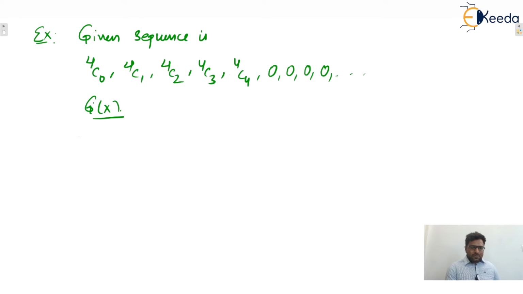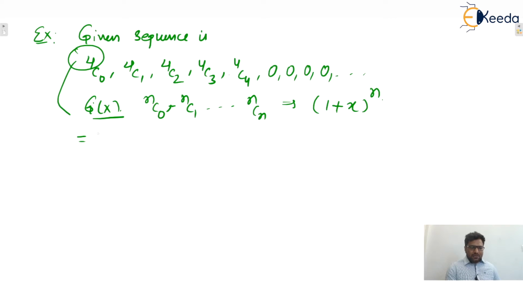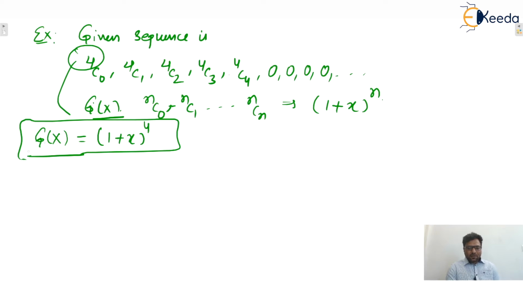So ultimately, if it is nC0, nC1 up to nCn, then the generating function is 1 plus x raised to power n. So here the n value is 4. So it becomes 1 plus x raised to power 4. That will be the required generating function, isn't it? I hope this one is clear to everyone. So moving to the next property, write down the next one.